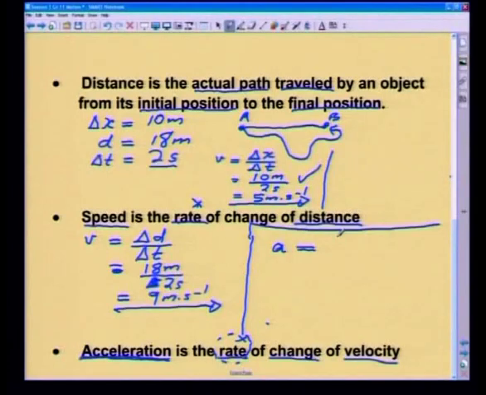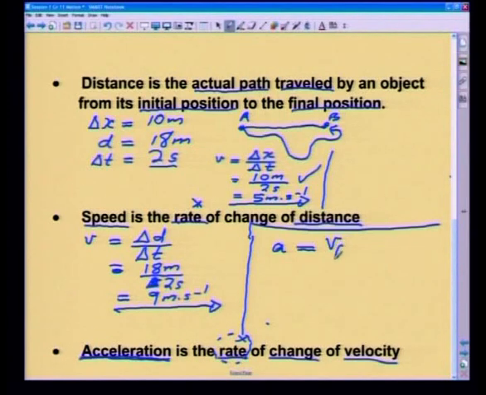So we will refer to this as the initial value and the final value. So something is changing from one value to another. It means we would have a velocity changing from some initial value to some final value.